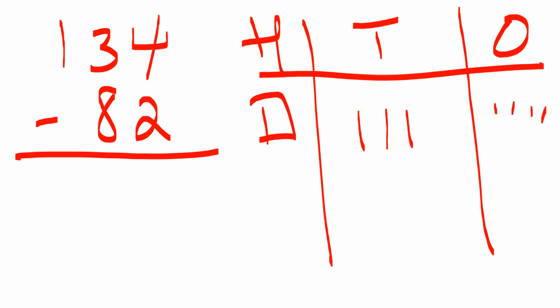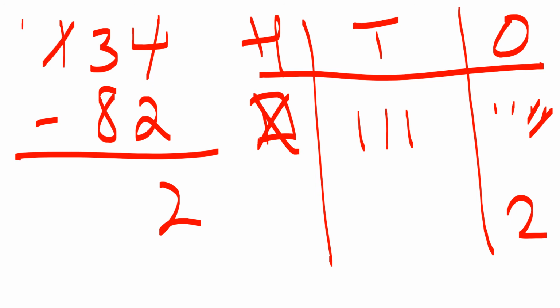So I have 134. I've got that one done, perfect. And I have to get rid of 2. So 2, 2. Now for the next one, I see here that I have 3, and I need to take away 8 tens. Can't do that, so I'm going to break that, leaving me at 0.